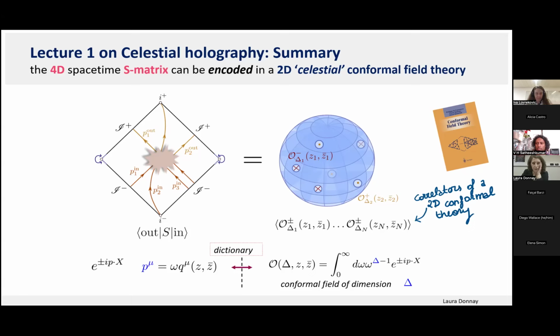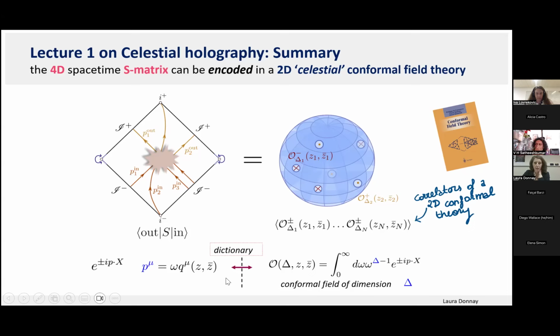So how does this mapping or dictionary work, in the spirit of the holographic dictionary in AdS/CFT? As I explained on Monday, we have the S matrix and we have incoming and outgoing particles, massive or massless, which come and exit out through the celestial sphere at a given point Z and Z bar.